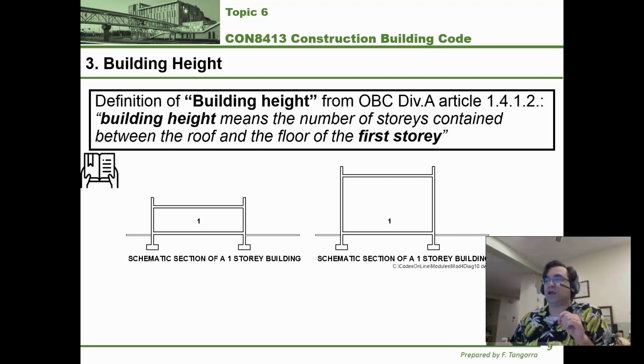When the building code cares about building height, it's because it cares about how many people are going to be in that building so that the designer can set up the proper number of exits, the proper number of bathrooms, right? Because of the number of people in it. And the only way to do that really is not about how tall a building is, but rather how many stories there are.